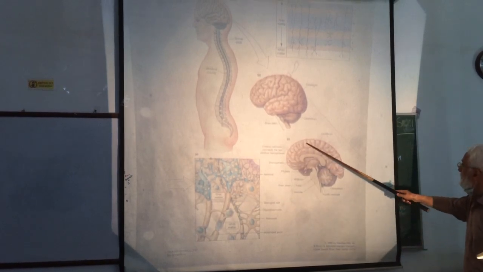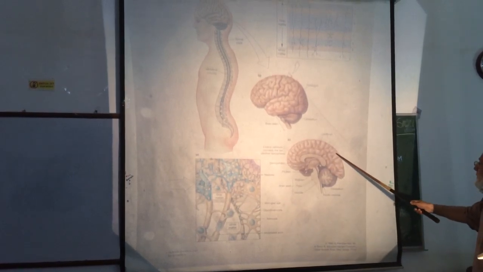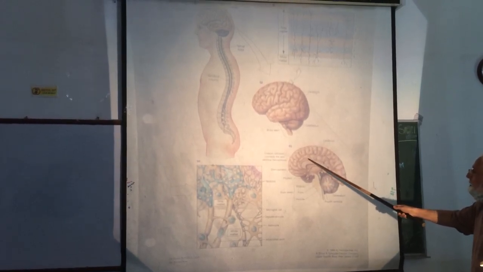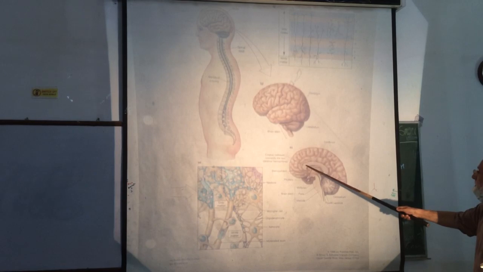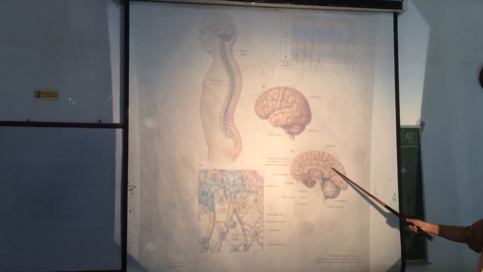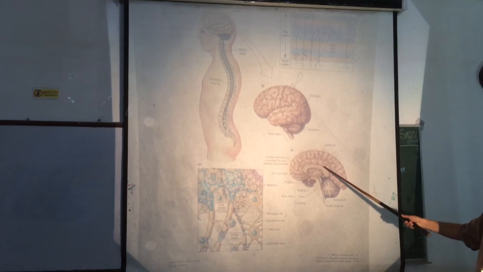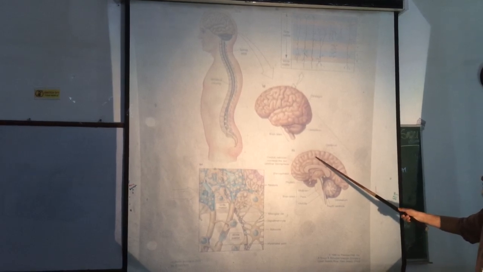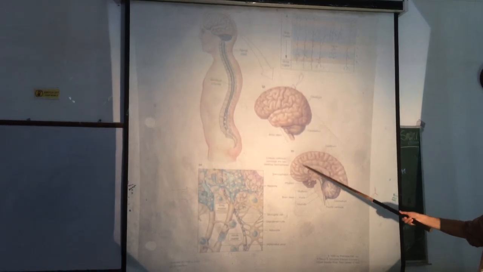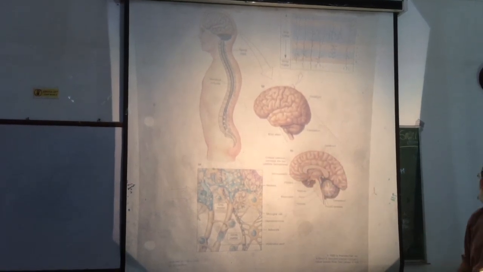This is the cerebral hemisphere. On the surface there is gray matter, and the inner core is white matter. Cerebral cortex, composed of gray matter, is thrown into folds or gyri, separated by fissures or sulci.